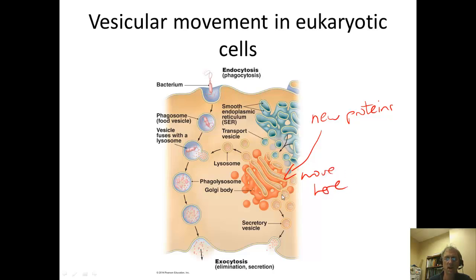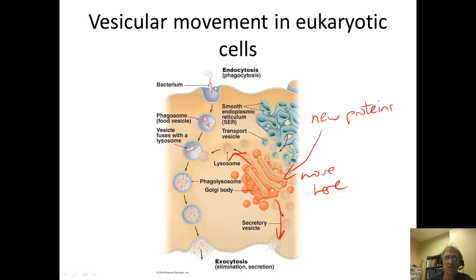And from the Golgi complex, they go to final destinations throughout the cell. One place that these new proteins can go to is the lysosome, which is filled with all sorts of enzymes that play an important role in the digestion of things that come into the cell.